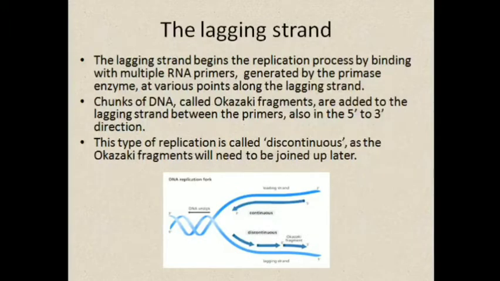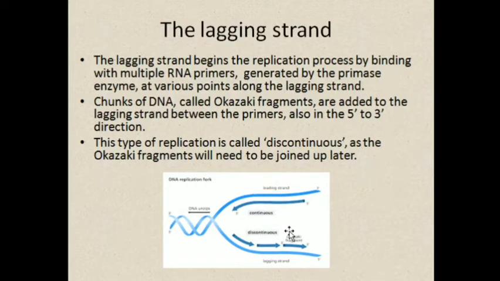Whereas in the lagging strand, the DNA polymerase has to form some fragments of DNA, because it will start in the 5'-3' direction, then it has to stop, and when the DNA further unwinds, it will form another fragment. So in the lagging strand, the primers are added.